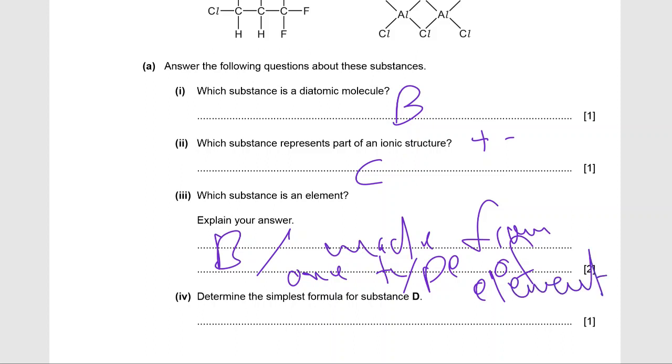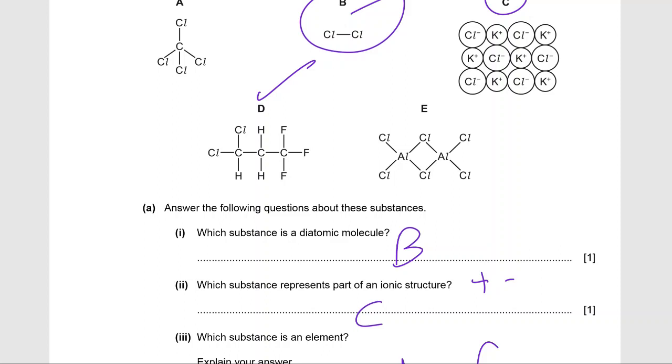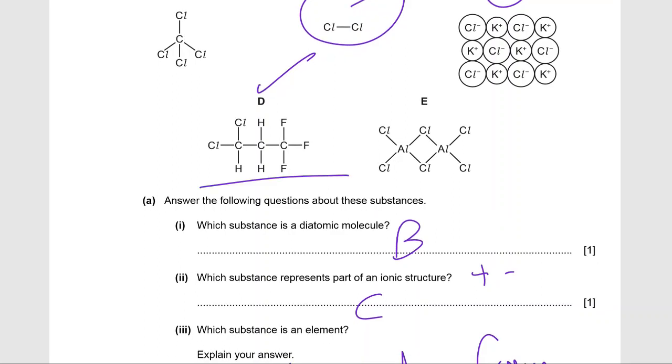Okay. In the next question, determine the simplest formula. Simplest formula doesn't mean the empirical formula. No, for the simplest formula, you just need to simplify this compound. Now, how many carbons do you have? 3. How many hydrogen? It's 3.